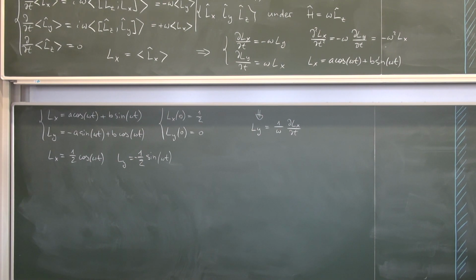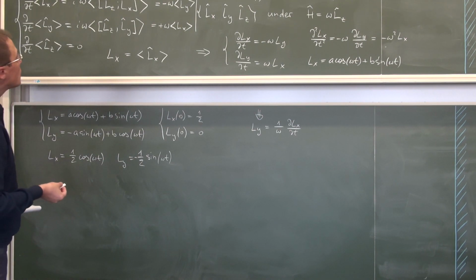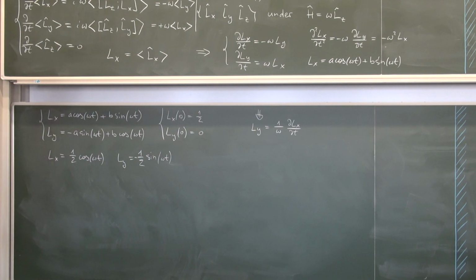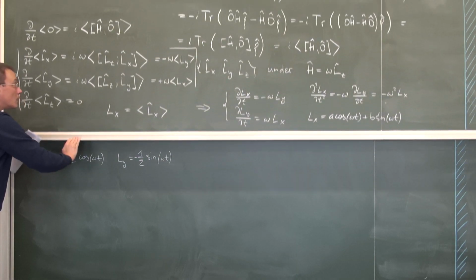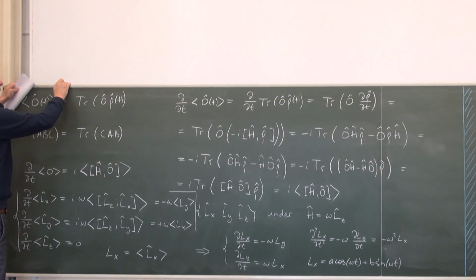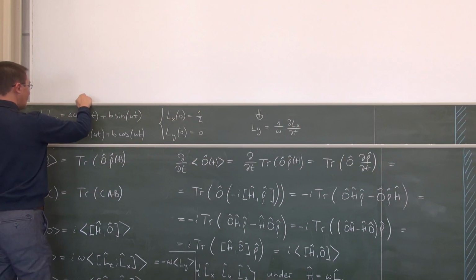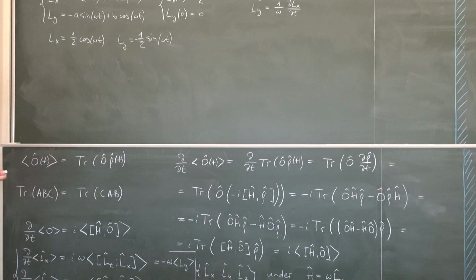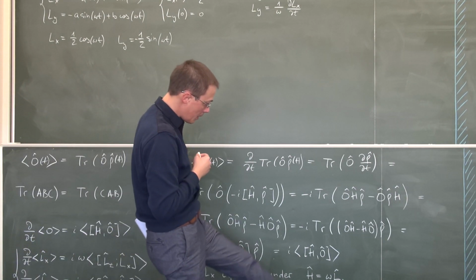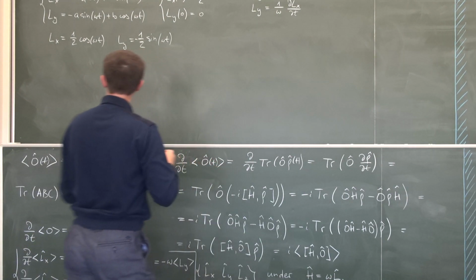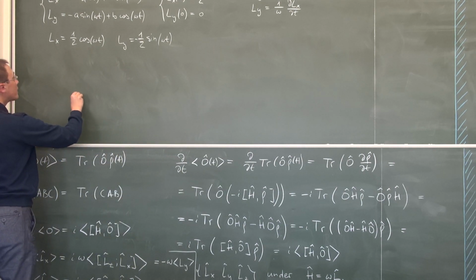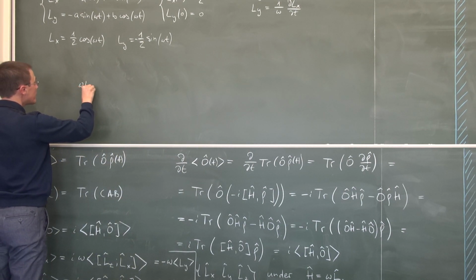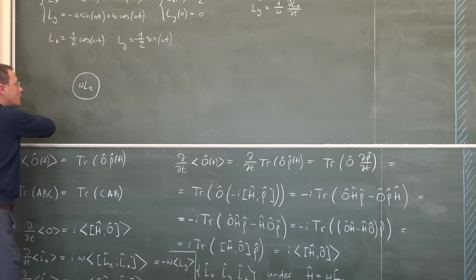So what this allows us to do is to formulate simple diagrammatic rules for how we deal with that magnetization. So what we just did was to have our evolution generator, the Hamiltonian here, being equal to omega Lz. So we write it here in the center and draw a circle around.